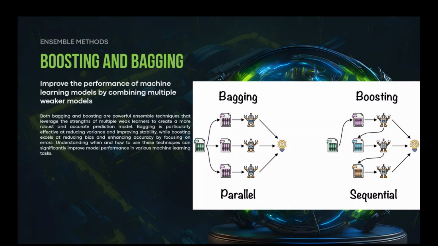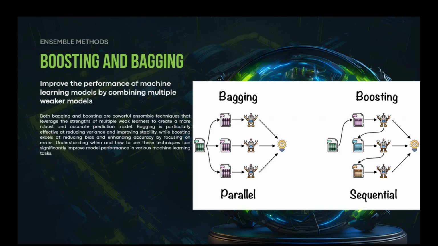So we combine these multiple weak learners into a single robust prediction model, obviously to improve the overall accuracy of the model. Both techniques, boosting and bagging, aim to enhance the accuracy and generalization of models, but they have a different approach, and that's what we're going to talk about.